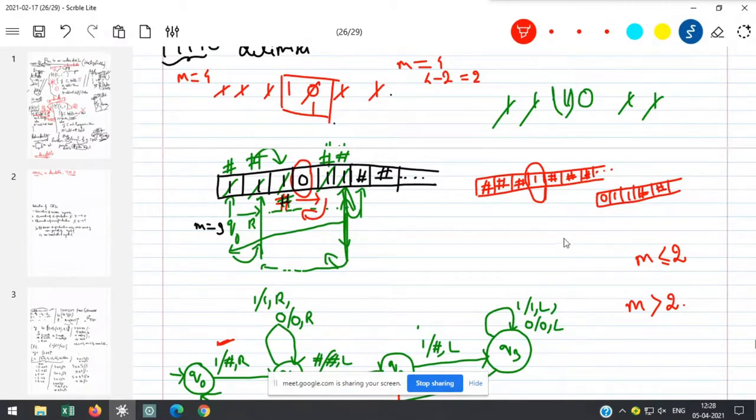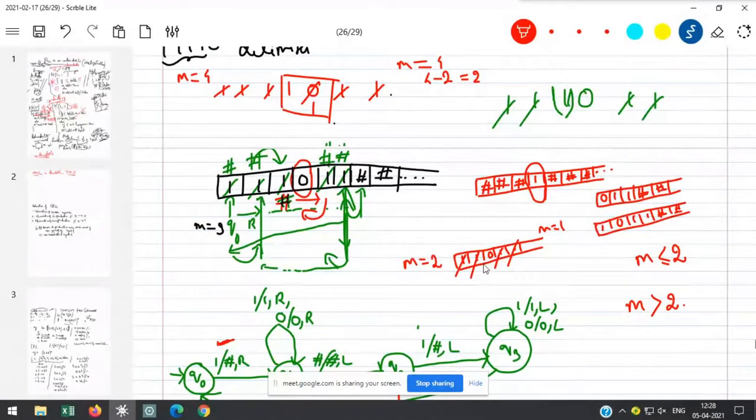And then suppose m is equal to 1, then this is going to be 1, then delimiter, then 1, hash. Okay. Suppose m is equal to 2, then this has to be 1, delimiter 0, 1. So 1 will be canceled, this will be canceled, this will be canceled. At the end, 0 will be left out. No more 1s will be there.